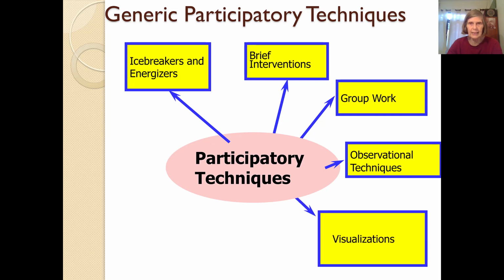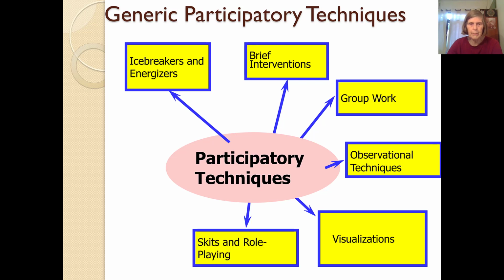Another interesting technique is that of visualizations, in which we ask the participants to close their eyes and use their imagination while we guide them through a particular scene in which they remember something that they lived in the past or project what they would like to live in the future.